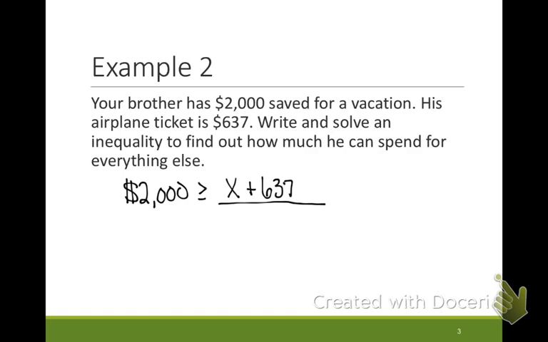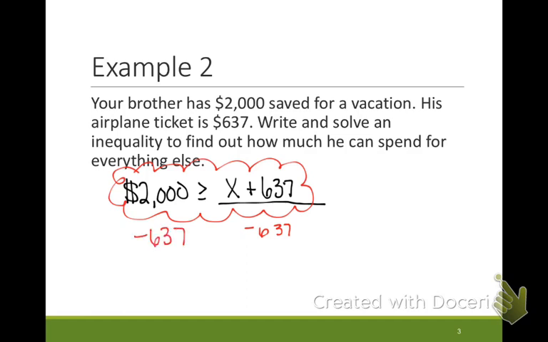Then we're going to have to go ahead and subtract the 637. So we can actually solve it. So there's my inequality here. Whenever we actually do the math, if we go minus 637, we have $1,363.